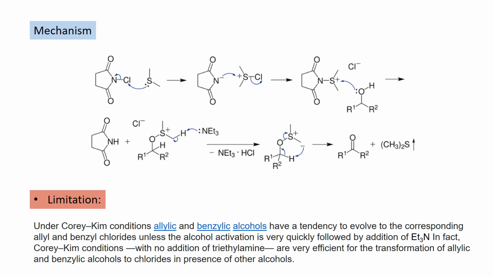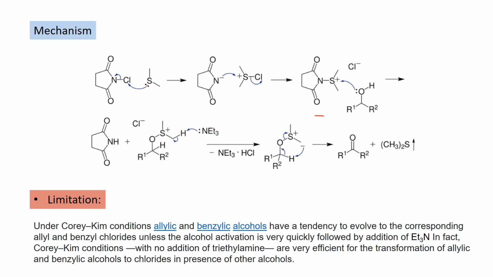If we look at the mechanism behind this reaction, first this dimethyl sulfide attacks this chlorine atom and breaks the N-Cl bond, followed by the N- attacking the sulfur and removing the chlorine from the system, forming this intermediate. This intermediate reacts with our alcohol and forms this oxygen-sulfur complex.